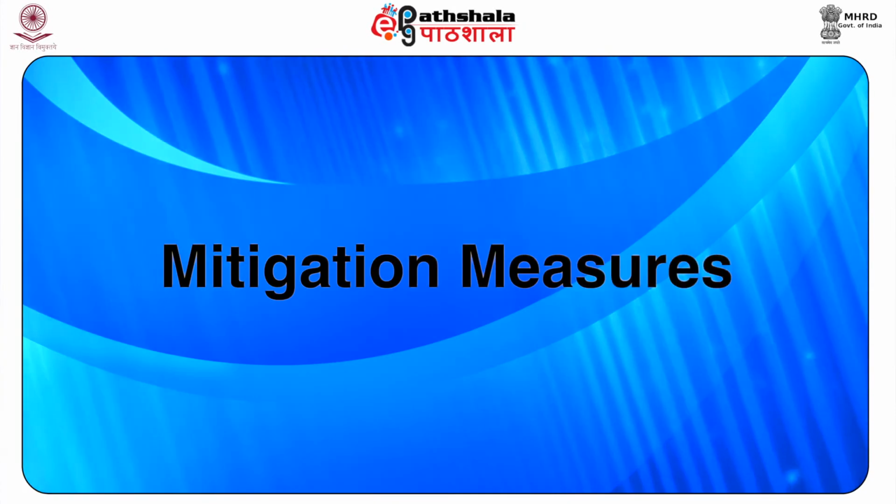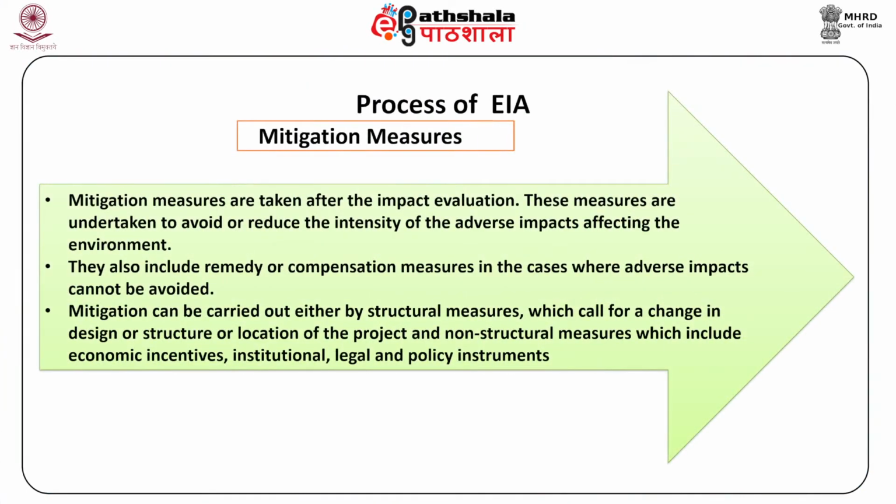Mitigation measures. Mitigation measures are taken after the impact evaluation. These measures are undertaken to avoid or reduce the intensity of the adverse impacts affecting the environment. They also include remedy or compensation measures in the cases where adverse impacts cannot be avoided.